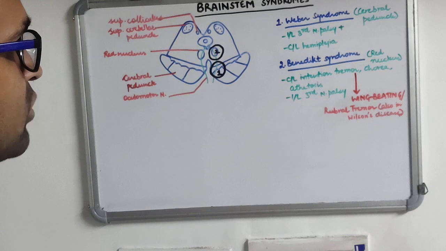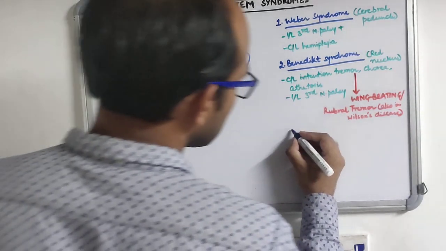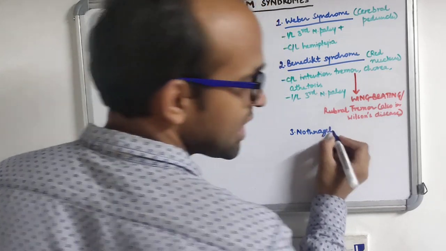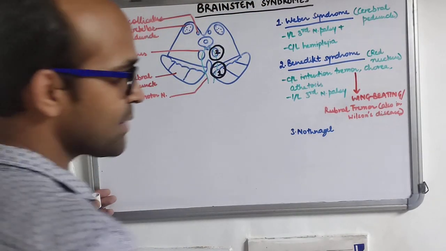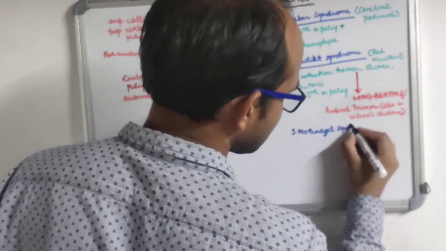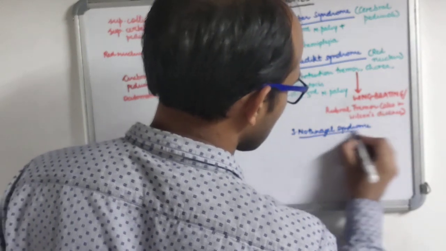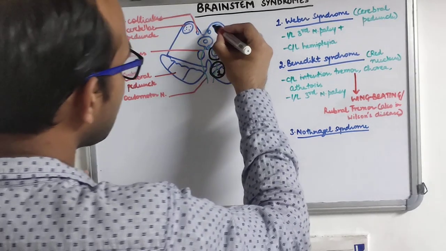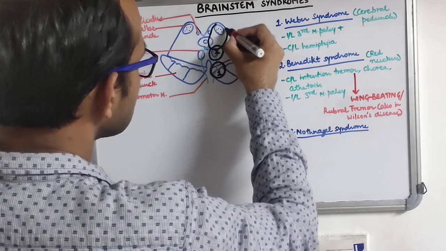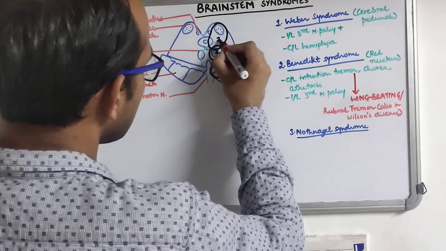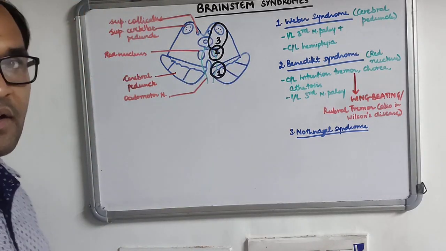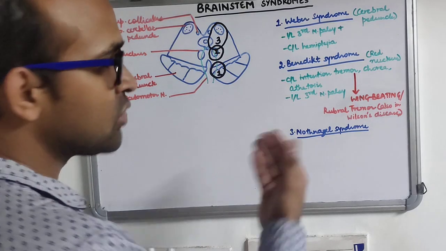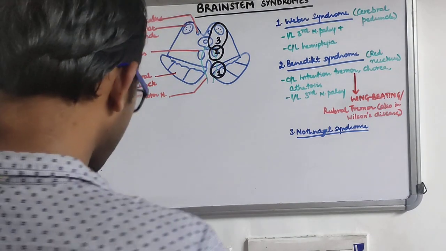Now, we'll talk about the next syndrome, that is Nothnagel syndrome. Nothnagel syndrome occurs when there is an injury to the superior cerebellar peduncle. So if there is an injury somewhere here, which apart from the superior cerebellar peduncle also involves the oculomotor nerve, then Nothnagel syndrome occurs.